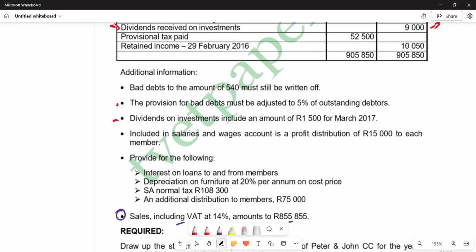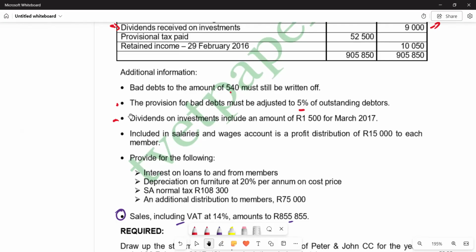So we're given that it is 5%, but before that, we're told that bad debt to the amount of 540 must be written off. So we have to subtract this 540 first from the figure for the debtors that we are given, and then multiply the net figure by 5% to get the level of provision for bad debts for this year, and then compare it with the one that we are given in the trial balance, which is for the previous year, and see if there's an increase or a decrease.